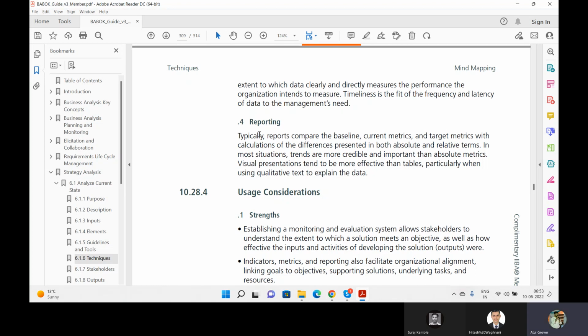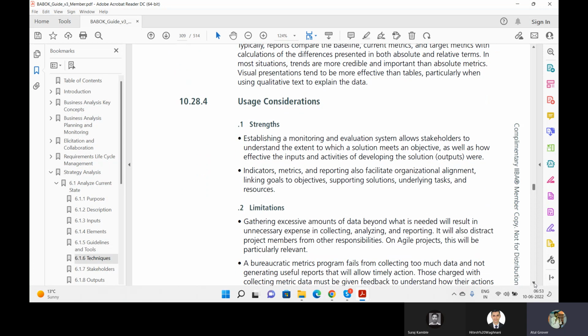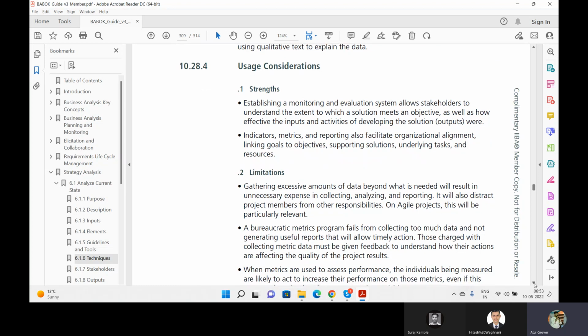Okay. The benefits, definitely yes. It gives a clear picture, a quantifiable picture. But to gather this thing, to measure the KPI, a lot of background work is required, a lot of data is required. Again, यहाँ पर भी biasness हो जाती है कई बार, data manipulate हो जाता है कई बार.